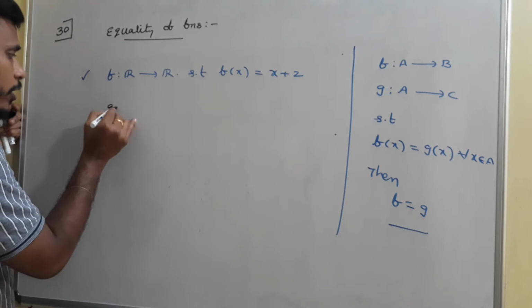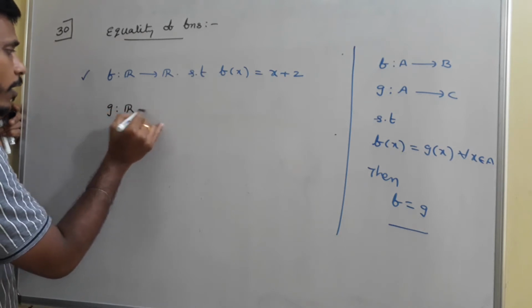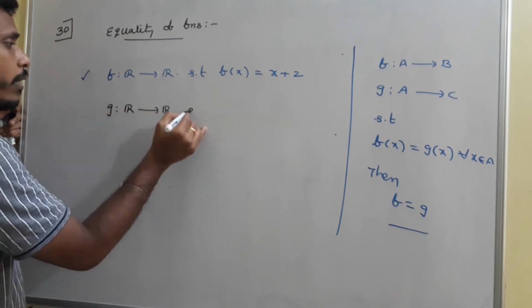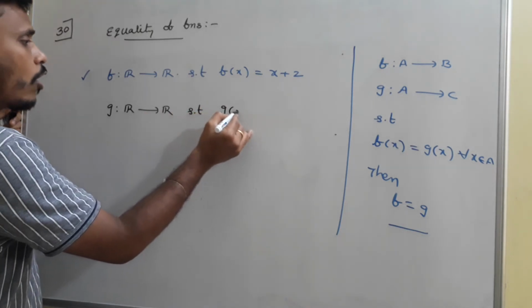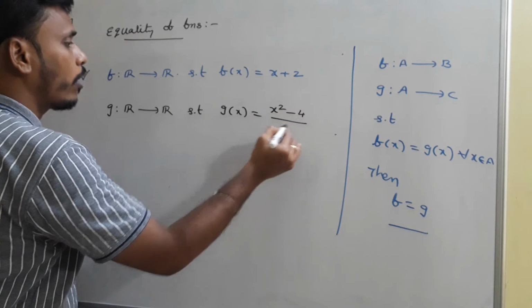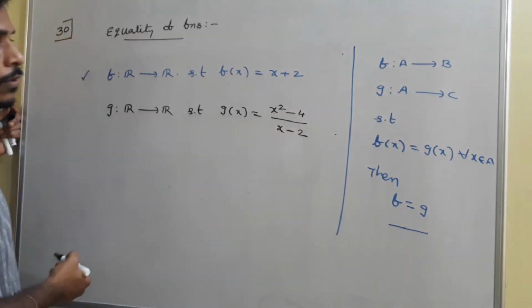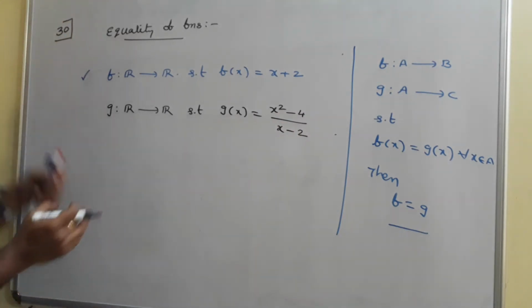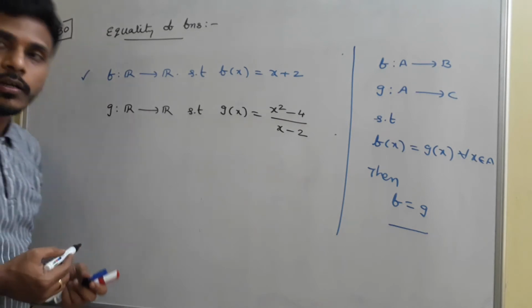And I have another function g from real numbers to real numbers such that g of x is equal to (x square minus 4) by (x minus 2). We need to check whether f and g are equal or not.